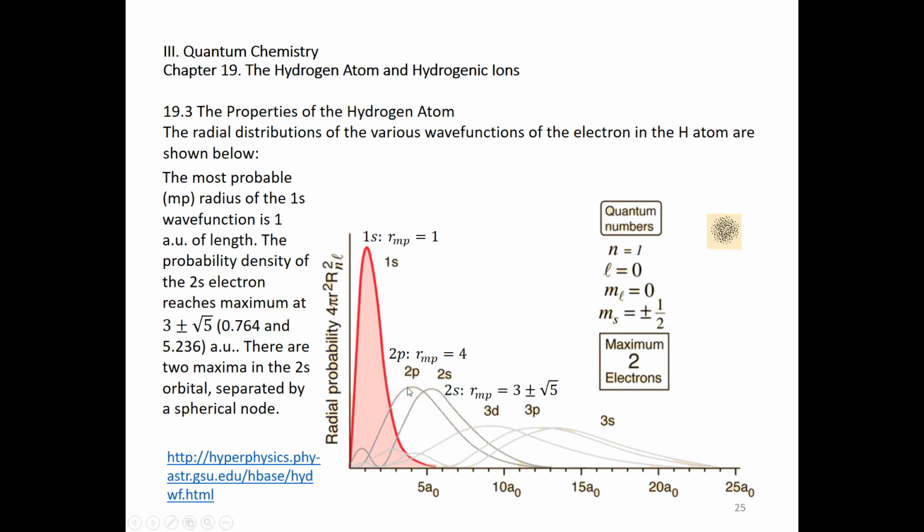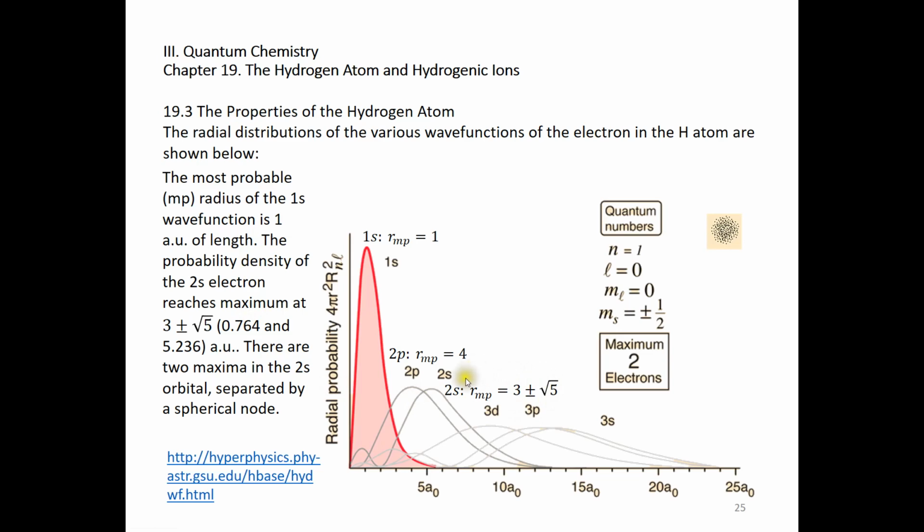For the 2p orbital, we learned that the most probable radius is 4. So you can see over here, this is the maximum of the probability density. It's just 4 atomic units. So again, given the wave function, we can easily calculate the most probable radius. And I showed you how to calculate the average radius, the root mean squared radius, and the standard deviation of the radius. At least we know we cannot determine the radius of the electron exactly.